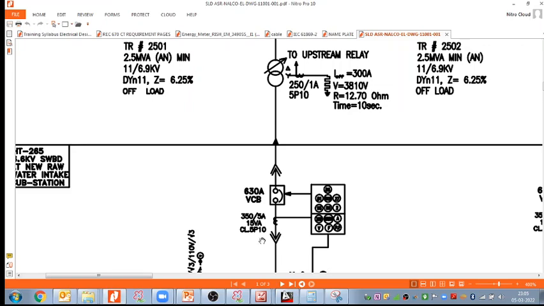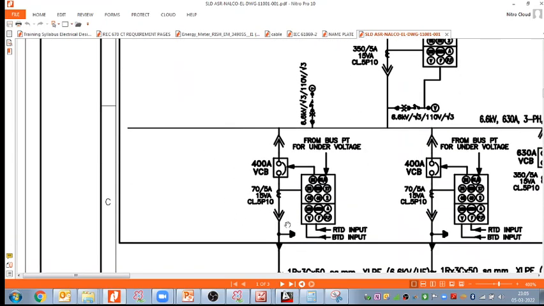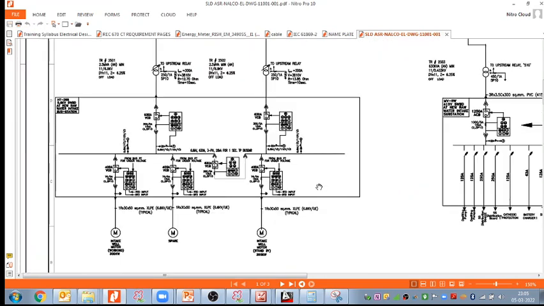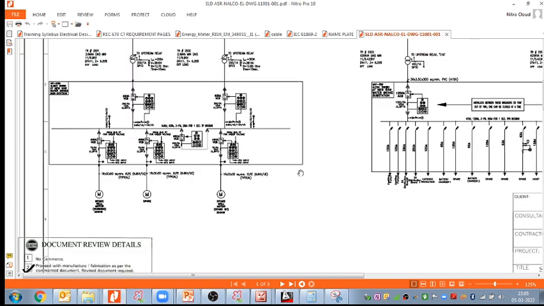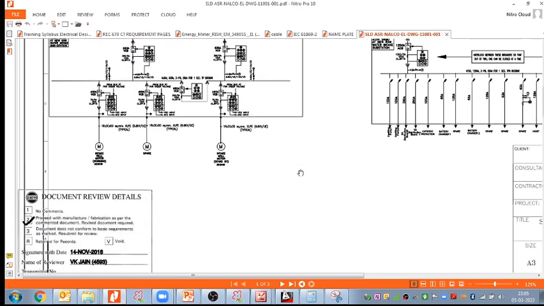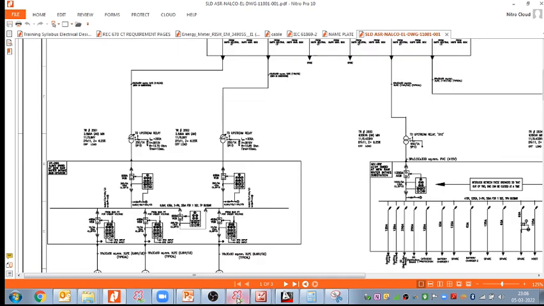Yes, 10 is given here, so I think we understood the meaning of 10. Okay, so that is some medium voltage or high voltage system SLD where we use this protection class, 5P class. Okay, so let us continue the remaining discussion of the CT PX tomorrow.